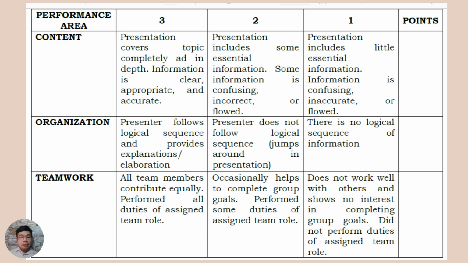The third criteria is teamwork. 3 points if all team members contribute equally, perform all duties of assigned team role. 2 points if occasionally helps to complete group goals, perform some duties of assigned team role. And 1 point if does not work well with others and shows no interest in completing the group goals, did not perform duties of assigned roles. You may screenshot this slide for your reference in the future.